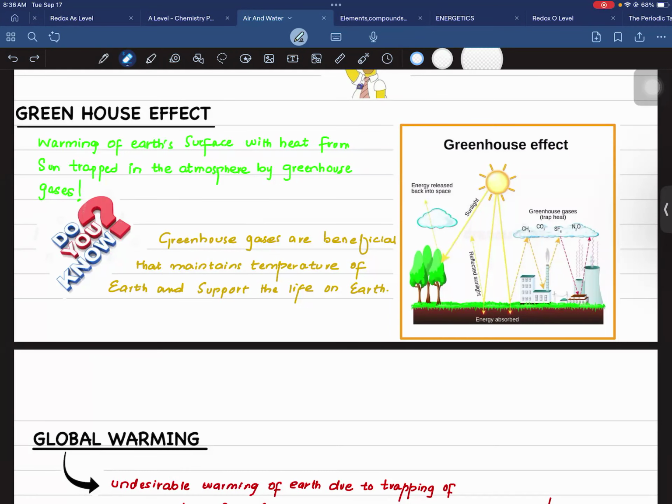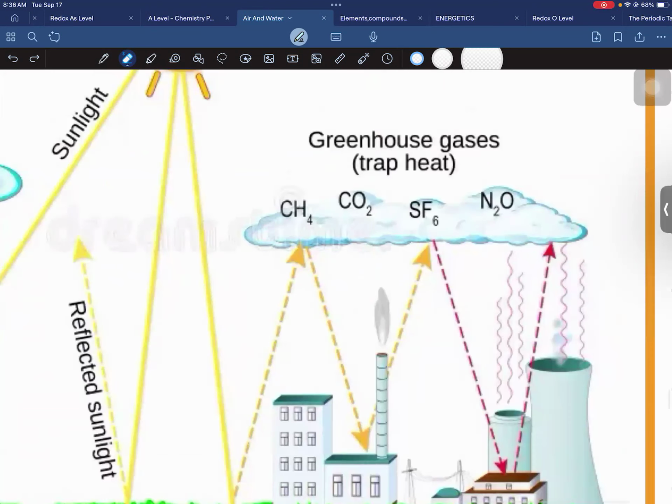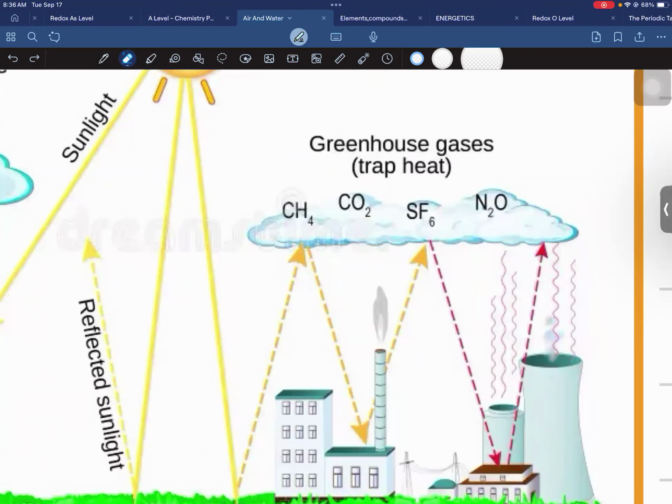Let's suppose there were no greenhouse gases in the atmosphere, the temperature of the earth would be much lower, and we couldn't live. So basically, it is natural that we have greenhouse gases: CH4, CO2, then N2O. These are all greenhouse gases.